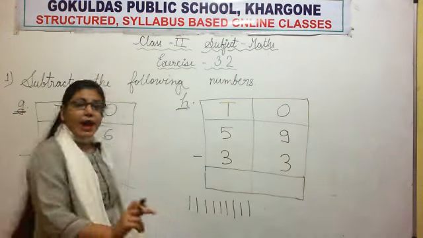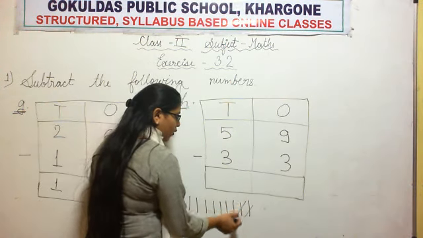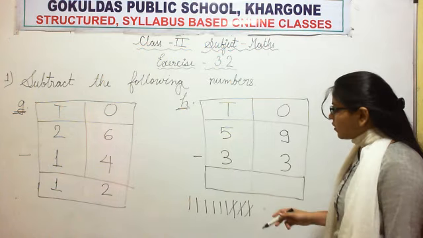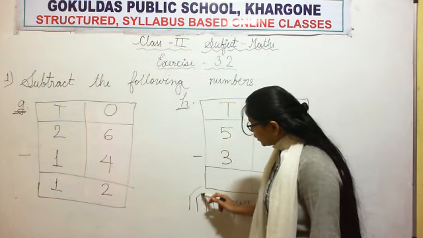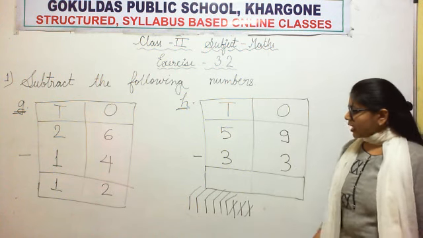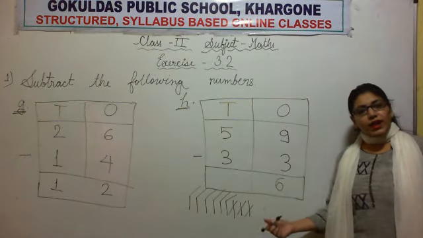Minus 3, so we will cancel out 3 sticks: 1, 2 and 3. Now we will count the remaining sticks: 1, 2, 3, 4, 5, 6. So we will write the number 6.